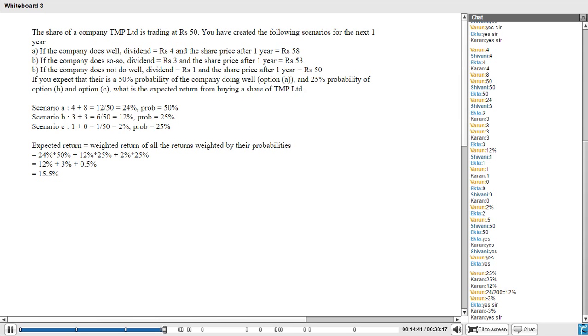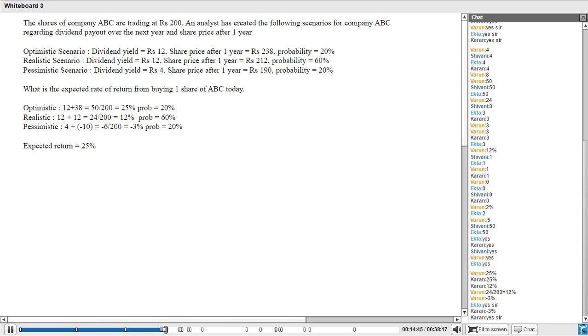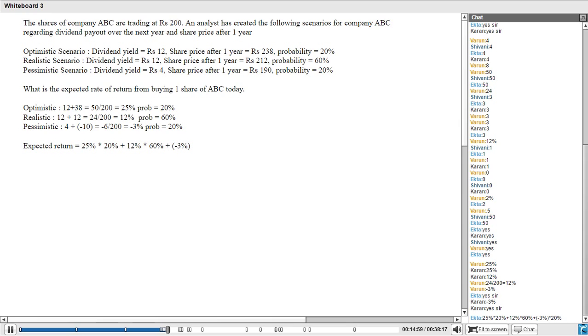In the optimistic scenario, we have a return of 25% into the weight or probability, which is 20%. In realistic, we have 12% and the probability is 60%. And in the pessimistic, we have a return of minus 3% into its probability, which is 20%.